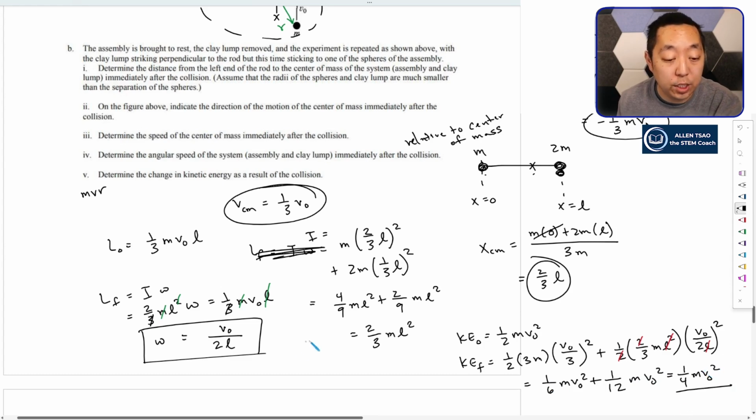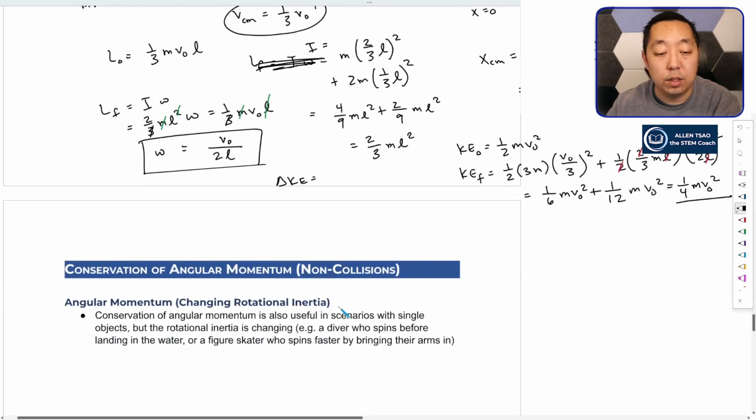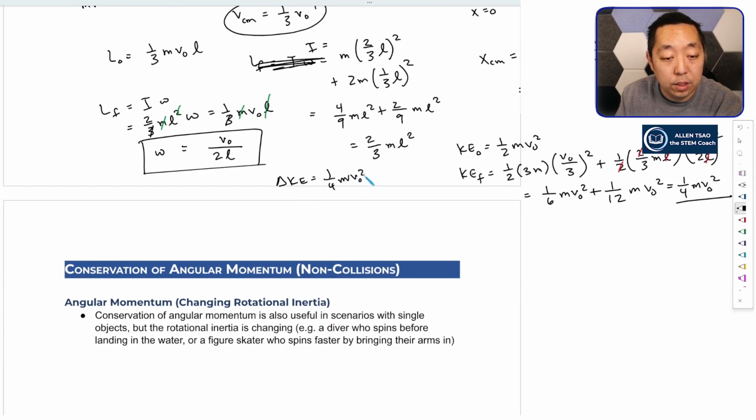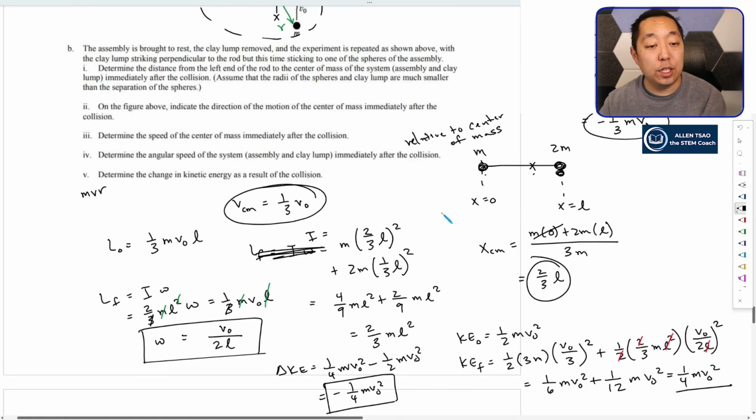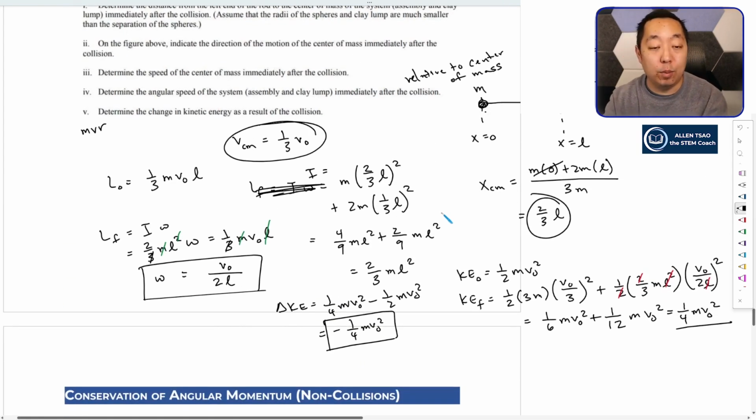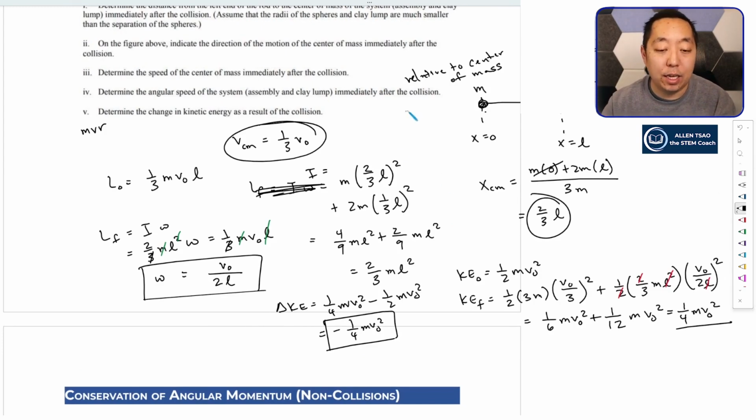And then the change in kinetic energy: 1/4 mv0 squared minus 1/2 mv0 squared means negative 1/4 mv0 squared. So you might be like, oh, that's weird, we change less energy. But that's how you work it. This is a good problem because it illustrates linear momentum and angular momentum, how we treat those things and how we analyze them.